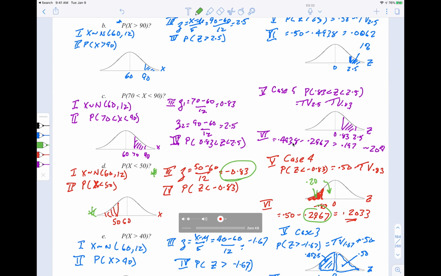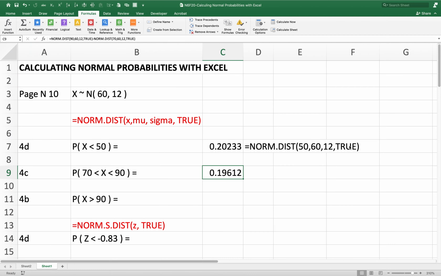I might just take you back there and show you that part. That would be from 90 down. But then we subtract off this probability here, and that gives us 0.197, which is what we had here, 196.